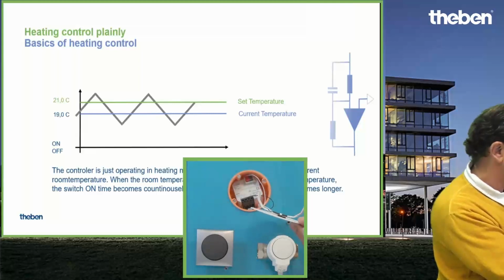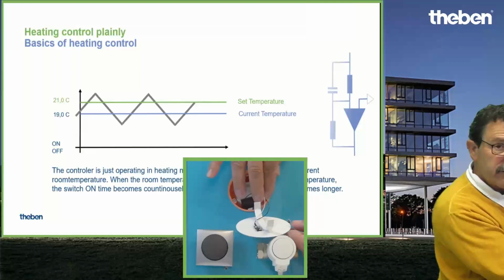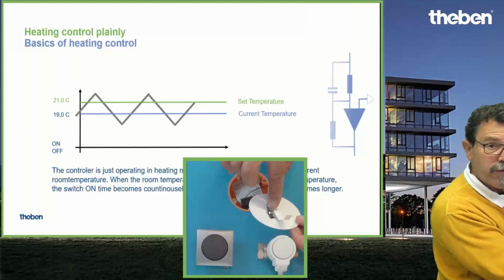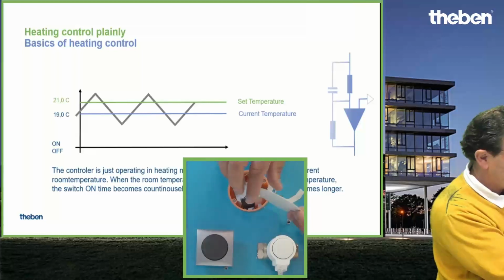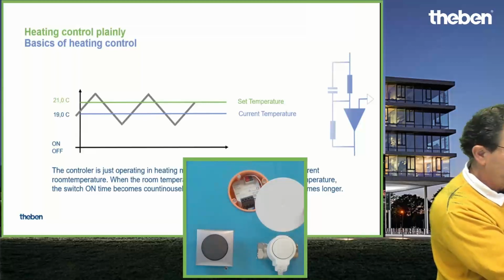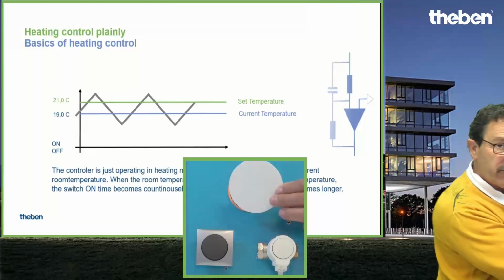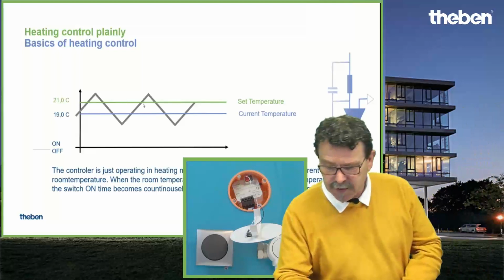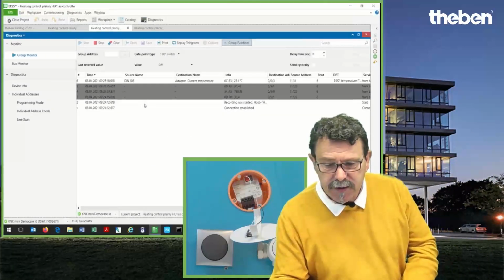I've wired it in the background with the color of the binary input red and black, and this is linked to this small temperature probe, which I just stuck on this cover, which later on I put upon the actuator for the heating control. So now I go back to the heating system.